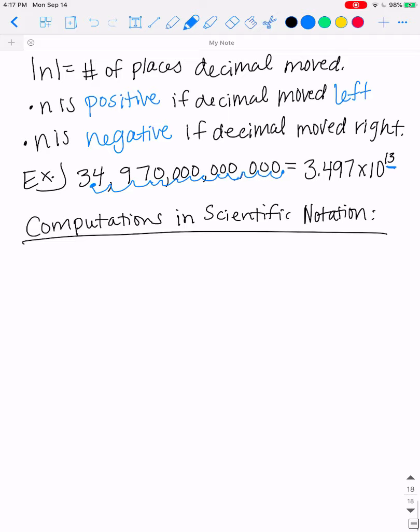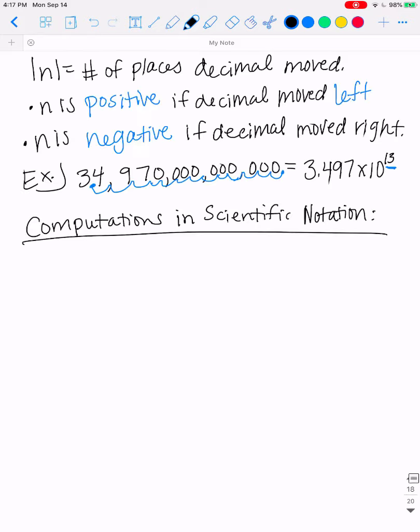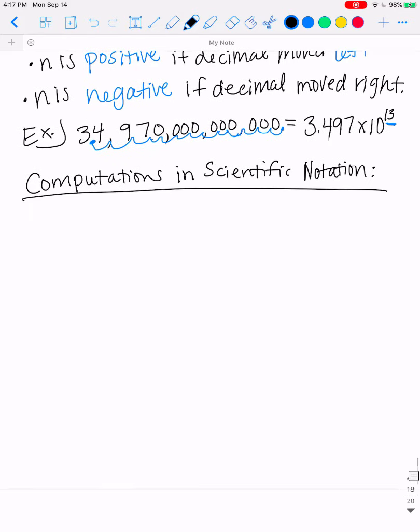So let's do some examples of computations in scientific notation. Here's an example: 6.1 times 10 to the 5th, times 4 times 10 to the negative 9.